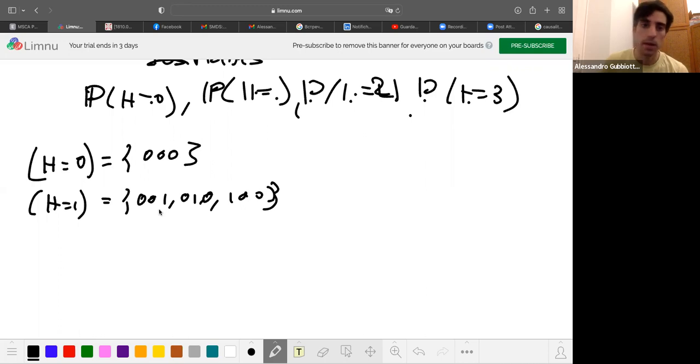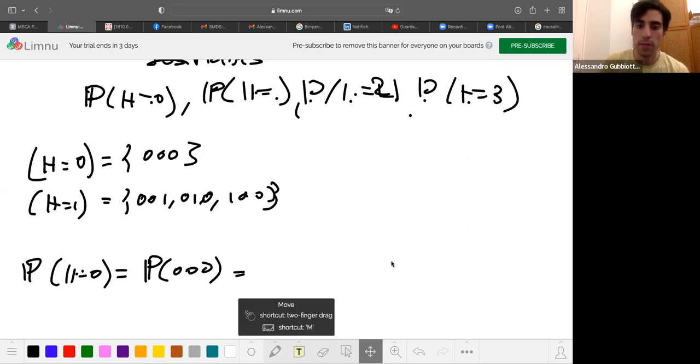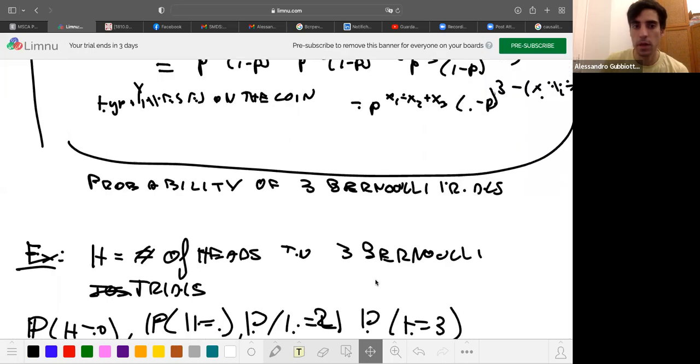Well, the first one, the probability of H equal to 0 is equal to the probability of 0, 0, 0. We go up and see the probability.